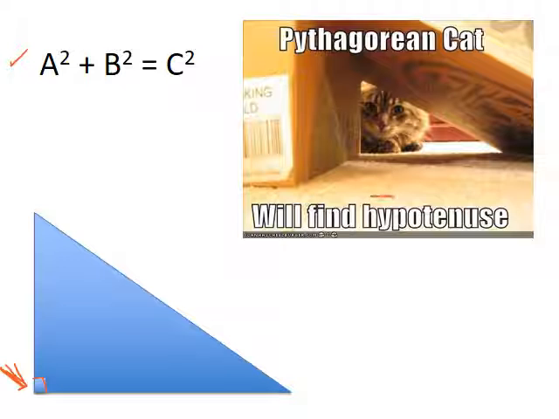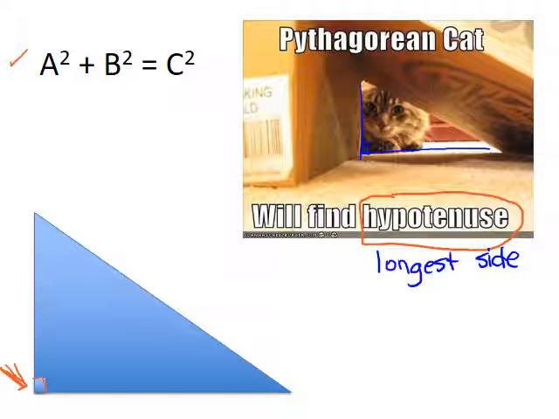And we need to figure out what this crazy word hypotenuse means. So hypotenuse is the longest side in a right triangle. No other kind of triangle can have a hypotenuse. It has to be a right triangle. So with the kitty here, this corner is 90 degrees.